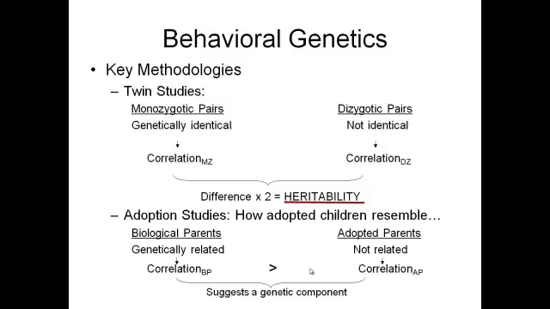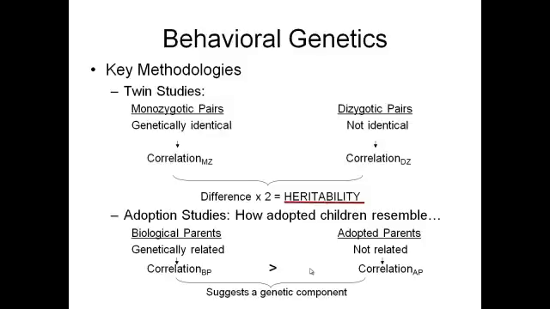Okay. Now let's look at another approach, looking at adoption studies. In this case, we're not looking at twins necessarily, but we're looking at adopted children, who are raised by parents who are not genetically related to them. How much similarity should there be between children and their adopted parents?